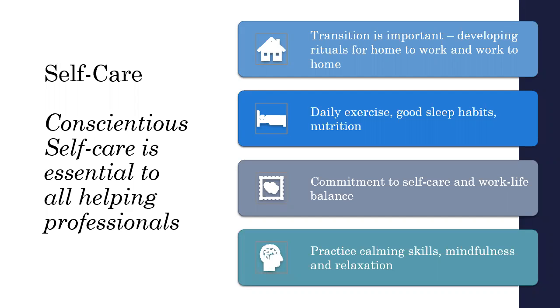The first point is recognizing that transitions from home to work and work to home are important. Having rituals or meaning around transitions will help you not bring your work home with you. Some people do something minor, such as tidying up their office and putting everything in place, and then as they close the door to their office, saying goodbye to their workday. As they walk in their house, they say hello to home.